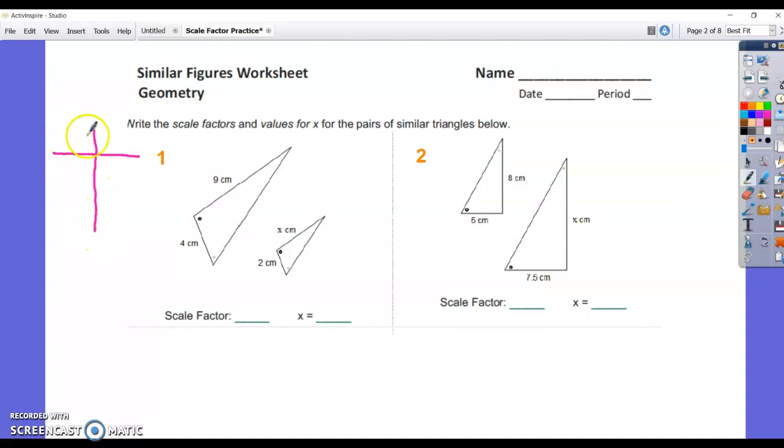In our table, we've been setting it up like this. We've said the original times the scale factor gives you your new. And so this would be our original, and this would be our new.